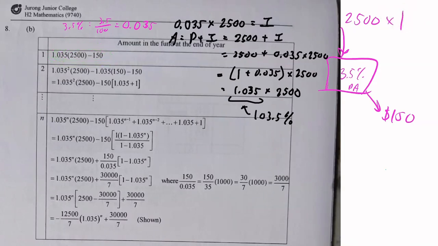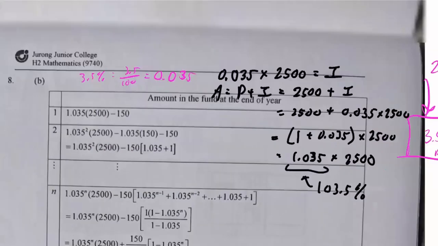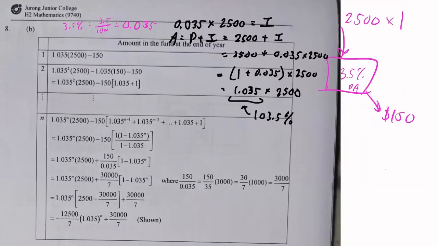If you just read the question, the fund is established with a single deposit. So nobody wants to donate money to the fund. Only a single deposit. Did they tell you every year we deposit extra money inside? No. So your piggy bank will eventually run dry. There's a fixed amount, 2,500, slowly leaking out. So nothing interesting is happening at the start of the year, no extra deposits.